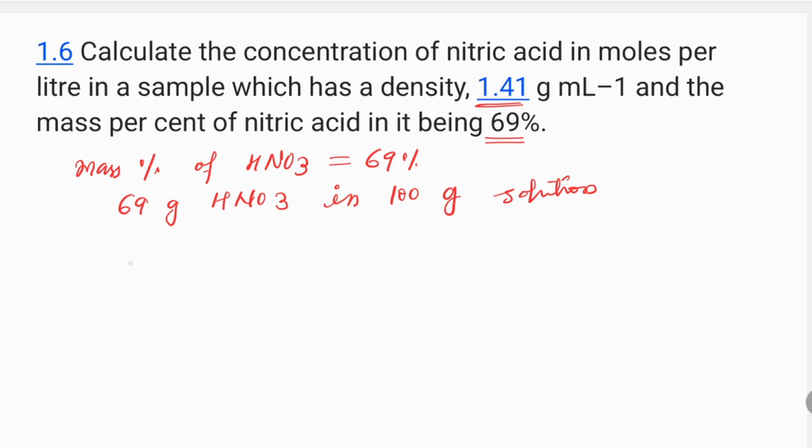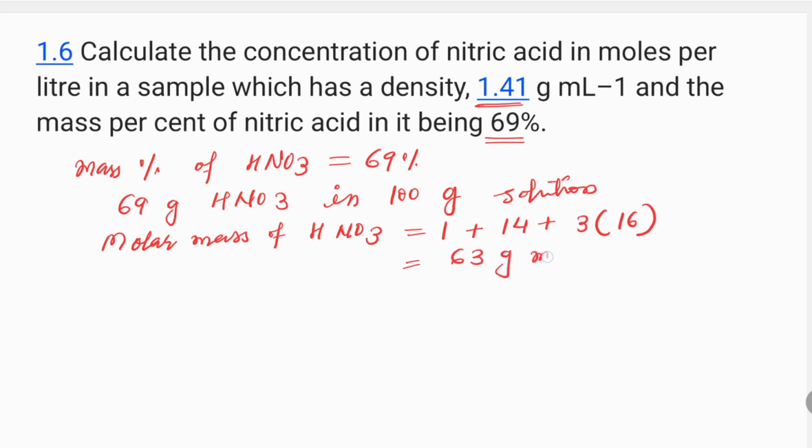So we can calculate the number of moles. Before that, we have to calculate the molar mass of nitric acid. So molar mass of nitric acid, HNO3, is hydrogen 1 gram plus nitrogen 14 gram plus 3 into oxygen. Oxygen is 16. So you get approximately 63 grams per mole. You can calculate the number of moles.